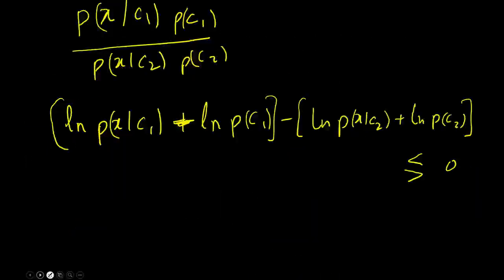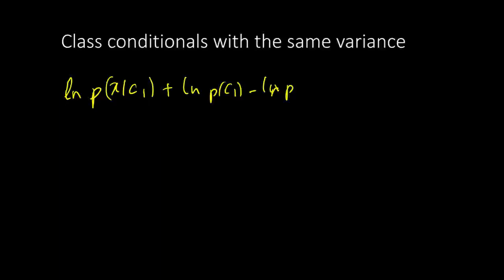So in case the variances are the same, the decision we have to make is: log of p of x given c1 plus log of p of c1 minus log of p of x given c2 plus log of p of c2.